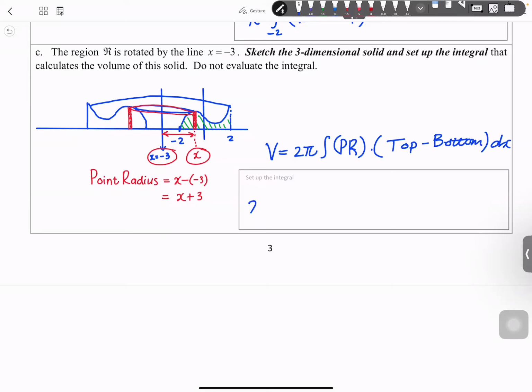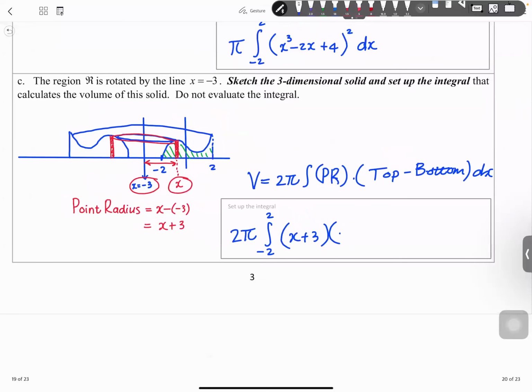So if we set this up, this will be 2 pi times the integral from -2 to 2 of the point radius, x plus 3, and then again, top minus bottom. So that's going to be, there is only a top, x cubed minus 2x plus 4 dx.